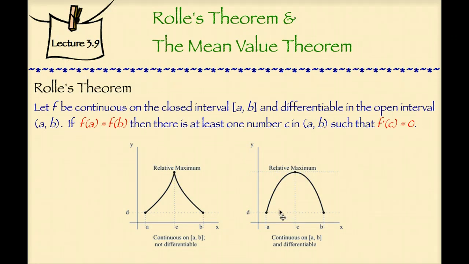Let's think about it this way. If the endpoints of the interval are the same value and we have a continuous function here, then this is what has to happen. Starting at this point and knowing that I have to come back down to the same value by the time I get to this endpoint means that a smooth and differentiable function is going to go through a max or possibly a min value to get back to where it started.